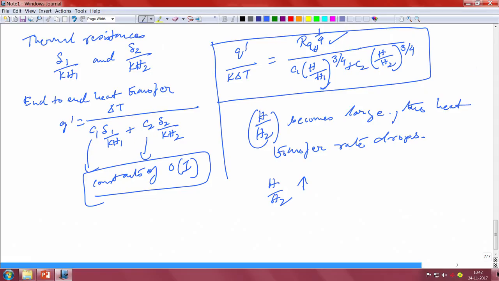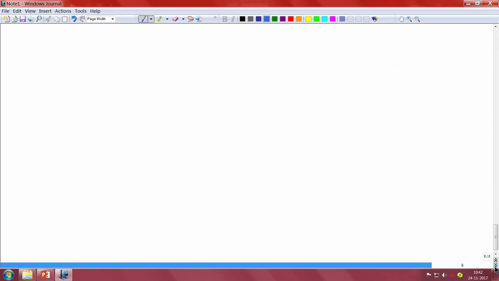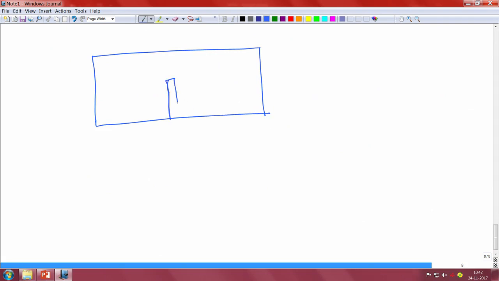So, this correlates the heat transfer with internal partitions, but let us take a look at a specialized case. Again we draw the same box. Now, instead of two partitions we have a single partition.